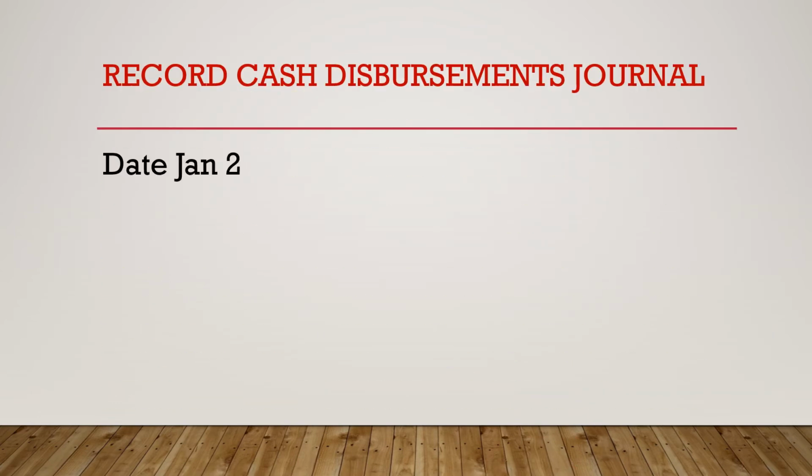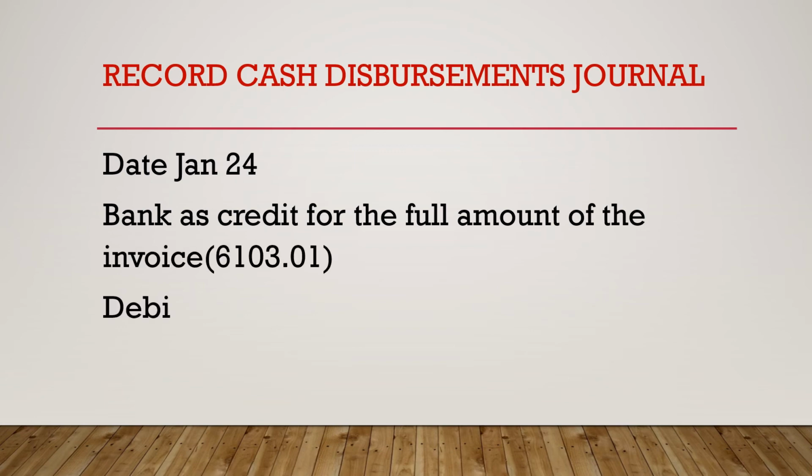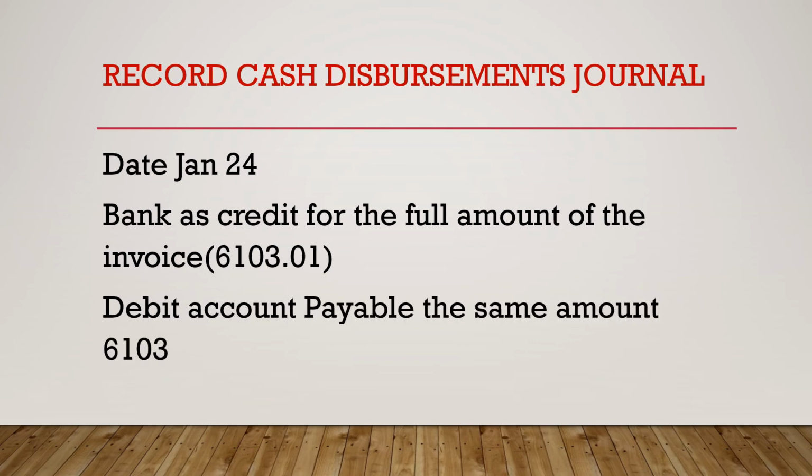Next step will be, how do you record now cash disbursement after 30 days? So it is like the process. You go to a supplier, you buy goods on account, they send you an invoice. After you get an invoice, you prepare your purchase journal. After you have your purchase journal, you wait now for 30 days.